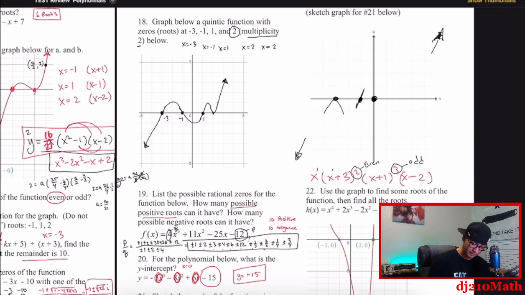And then it has to come back down through 0. And then x minus 2, it has to go back up. So putting it all together, it's going to come up like this, bounce, come down, turn around, cross, turn around, cross, turn around, and then go towards infinity.